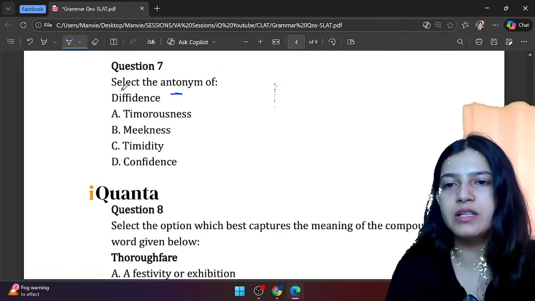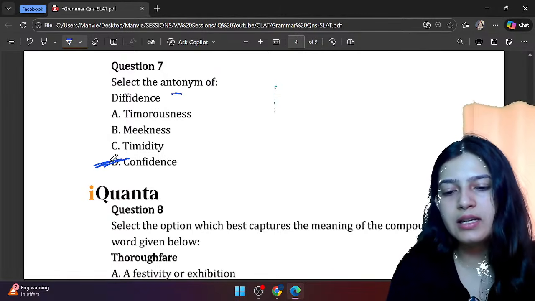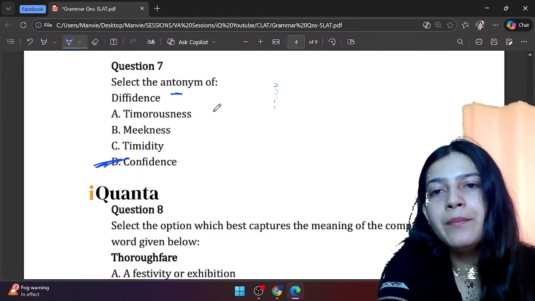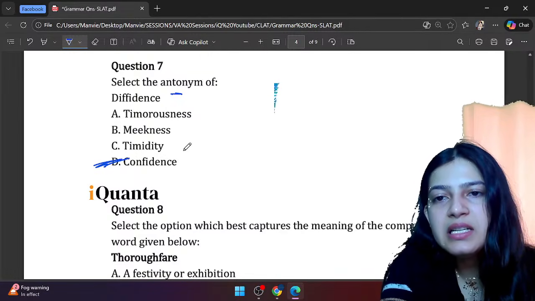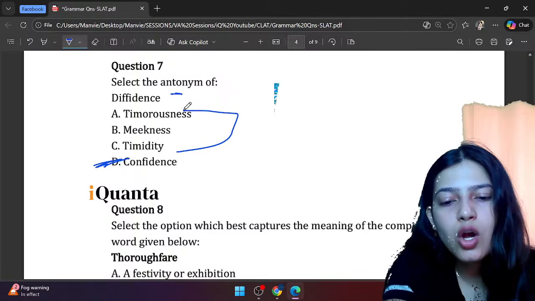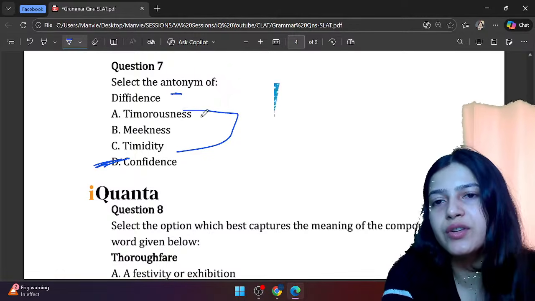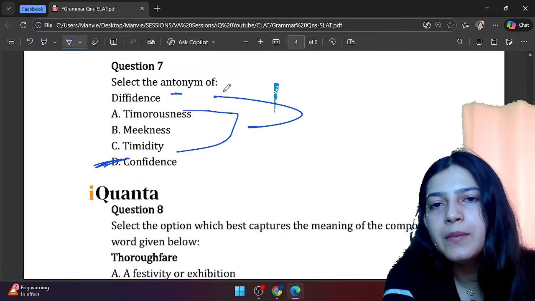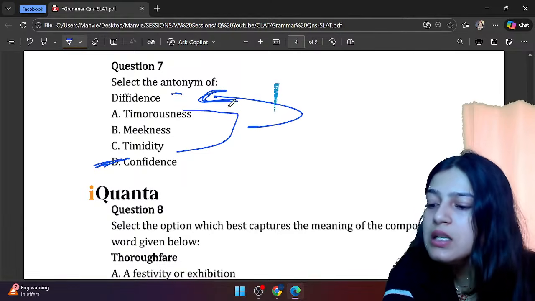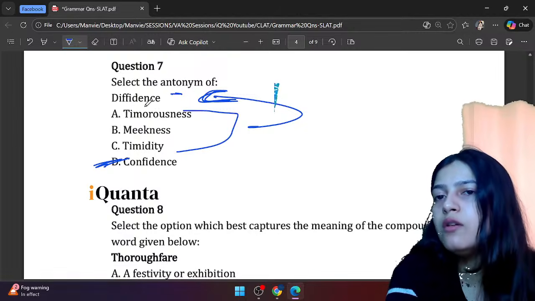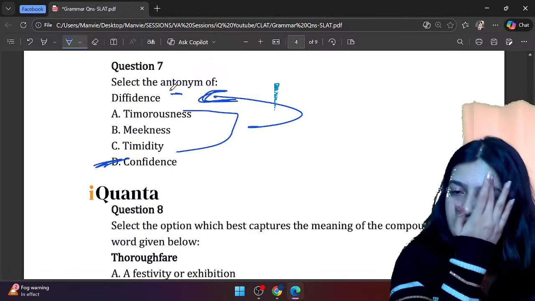Obviously confidence. So confidence is the correct answer here. Meekness, timidity, timorousness, all of them mean shyness or fear. So these basically are the synonyms, kind of synonyms of diffidence.